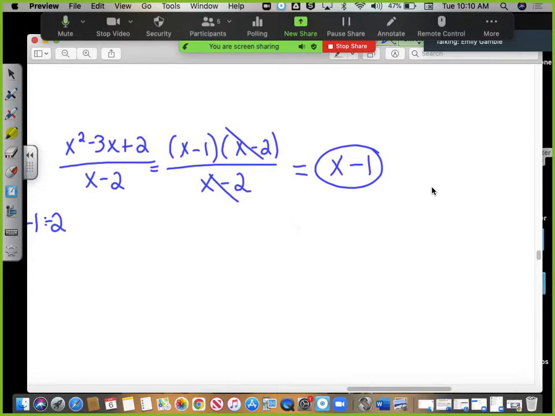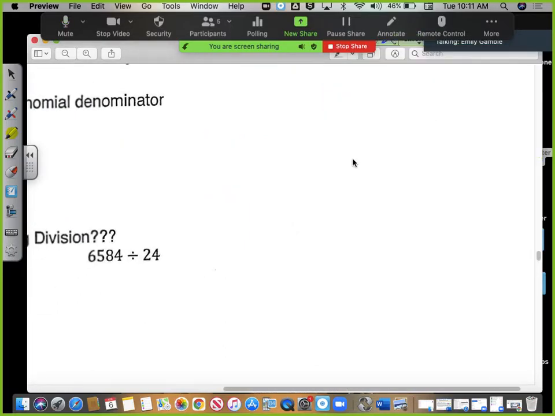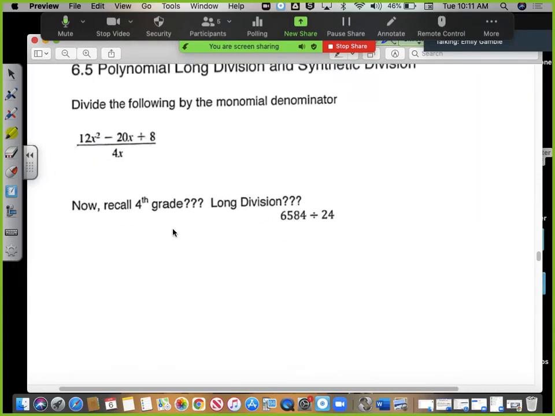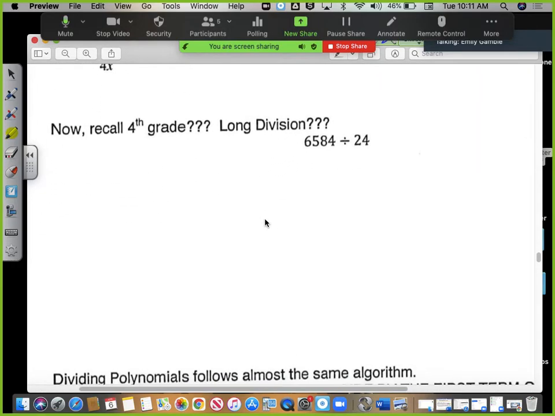So I'm going to show you how we would solve the same problem using long division. But before I do that, I feel like we need a recap of how to even do long division. So in your actual packet, we'll skip this top problem here, but we'll do this problem in our packet. 6,584 divided by 24.